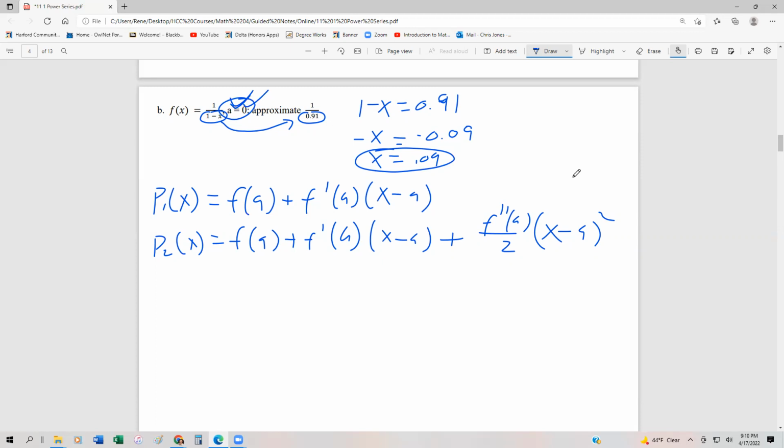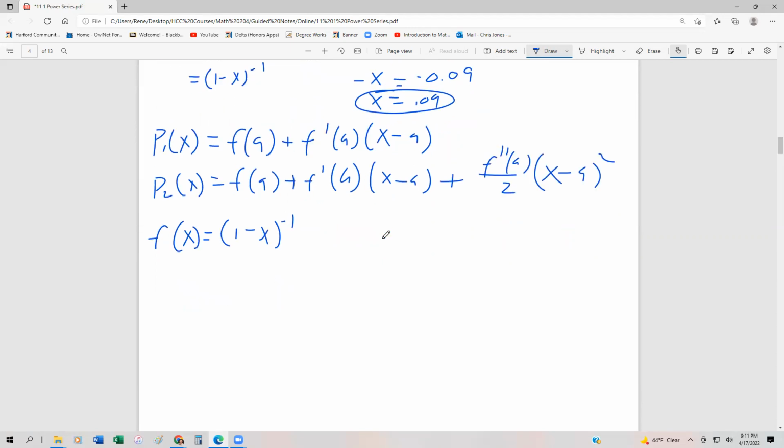All right, so let's go ahead first and find the interpolating polynomials by finding the successive derivatives of the original function. One thing to keep in mind is that we can rewrite the original function as 1 minus x to the minus 1 power. So let's rewrite f of x as 1 minus x to the minus 1.